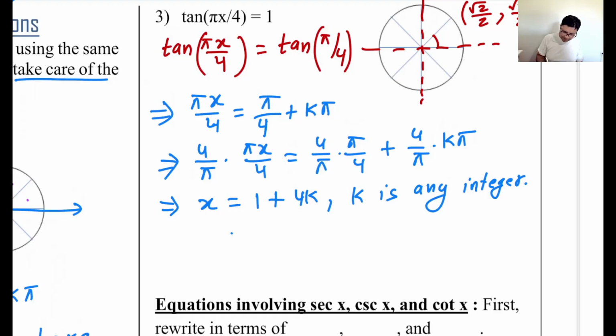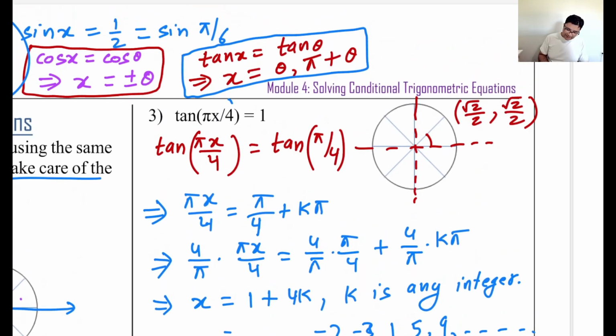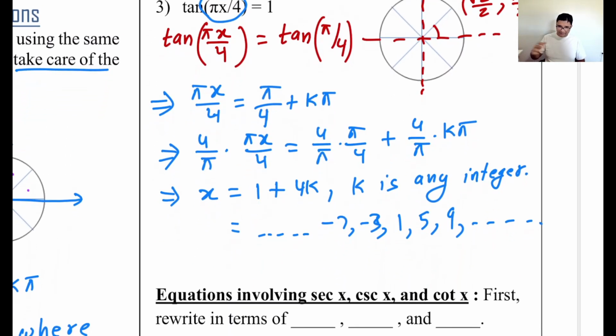If you want, you can make that list as well, all the way from negative infinity, negative 7, negative 3, 1, 5, 9. These are the solutions. And why is that the case? Because the angle itself has been multiplied by pi over 4 here. That's why the pi was cancelled on both sides.